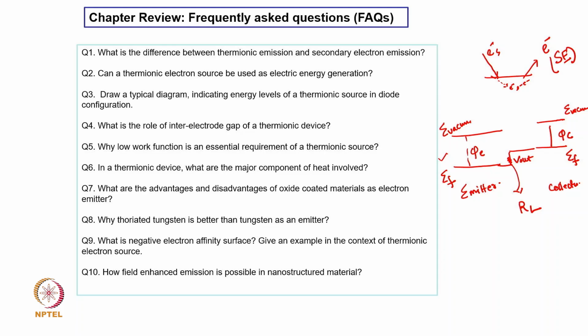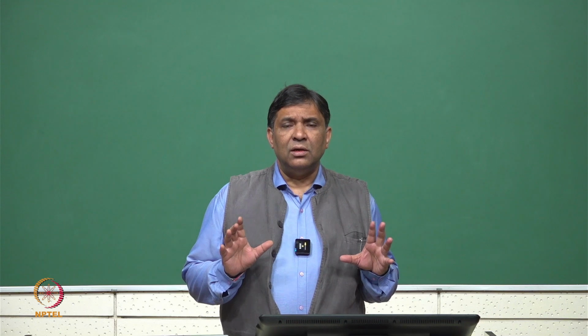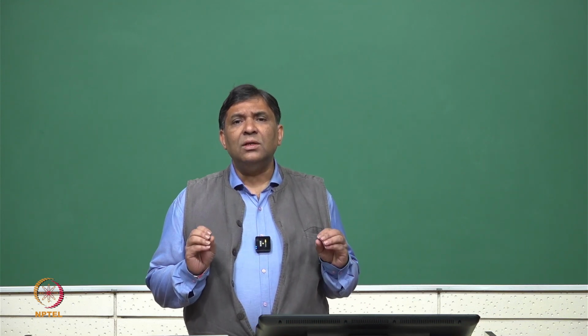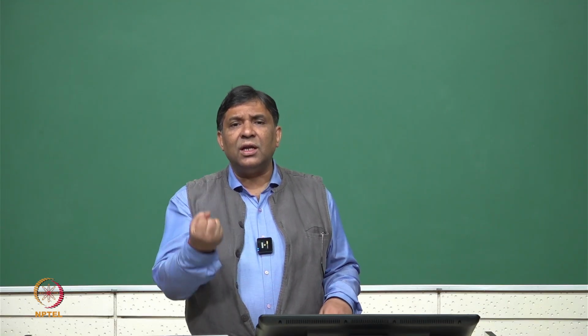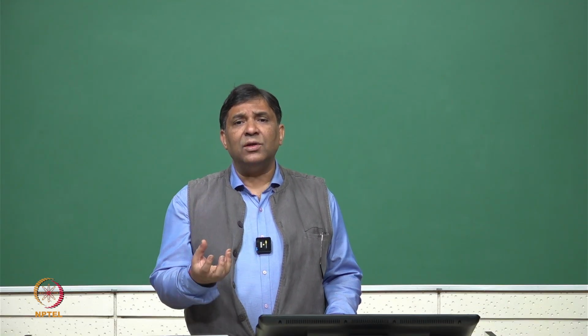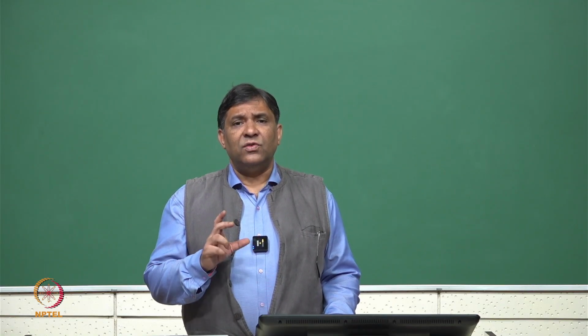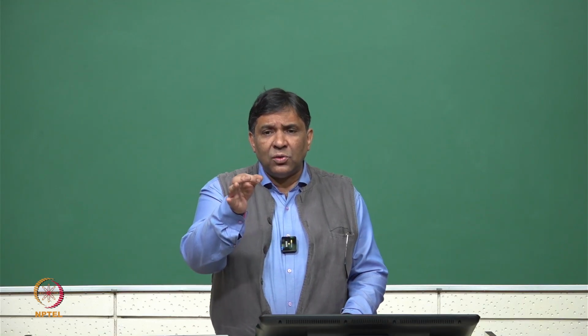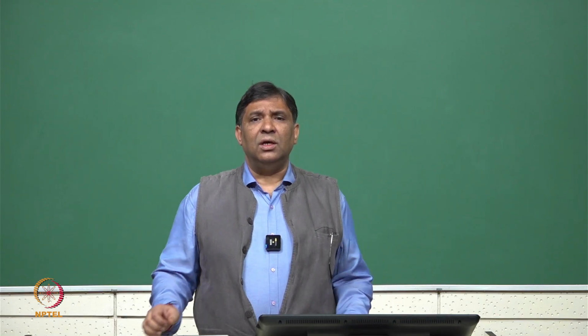In a thermionic device, which are the major components of the heat involved? If you remember, we discussed there are various components of heat in a thermionic device. The first component is the heat which is being supplied to the emitter. The second component is the heat which is conducted towards the collector.